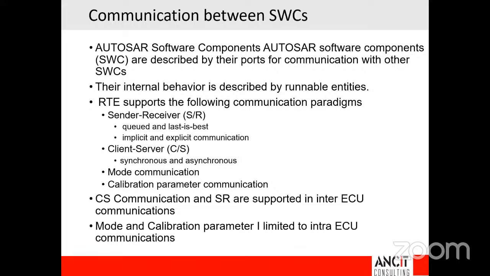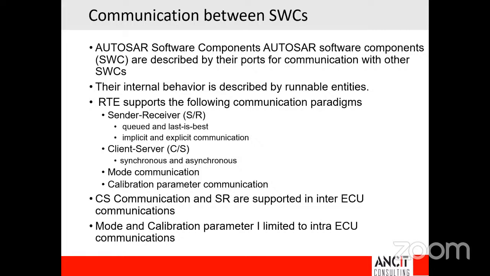I'm talking about explicit communication first. Your software component will directly read the data from the RTE.c file, or it just reads the data directly from the RTE. That way it is called explicit communication.